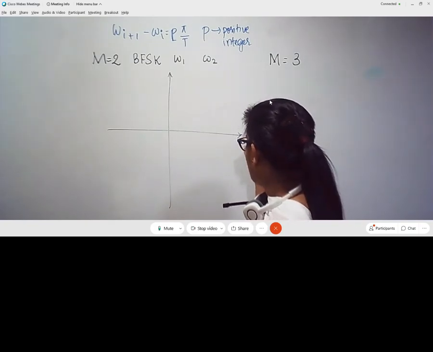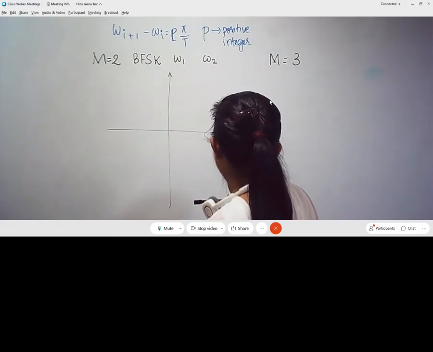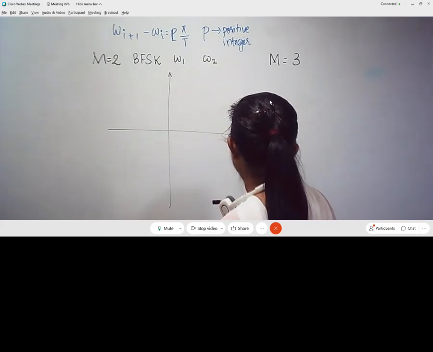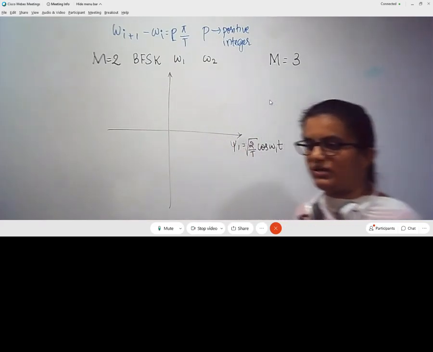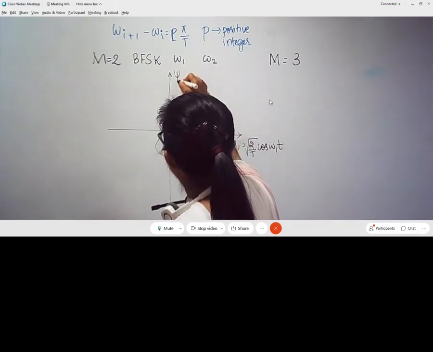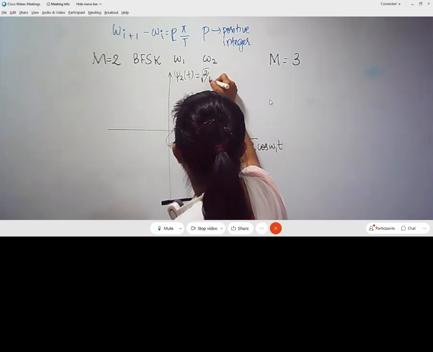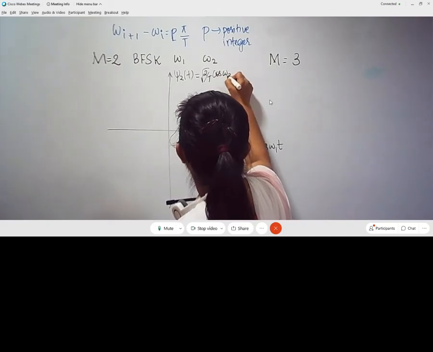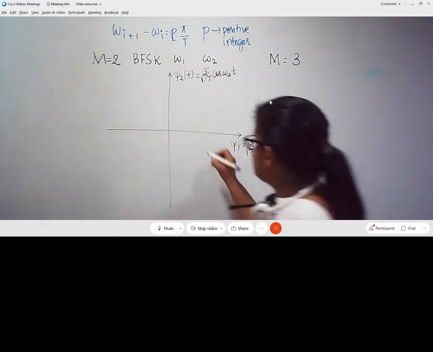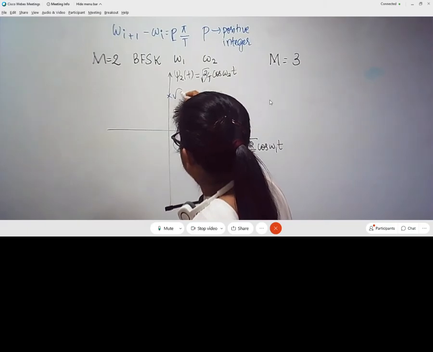Since they are orthogonal to each other, I am going to represent Xi1, with the frequency omega 1, as under the root 2 by T cos omega 1 t, and on the orthogonal axis I have the second basis function Xi2 of t, which is equal to under the root 2 by T cos omega 2 t. Now how to identify S1 and S2? There will be the symbols with an amplitude root E along the respective basis functions.